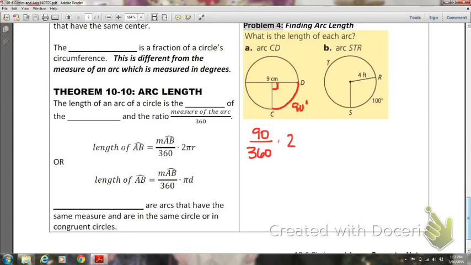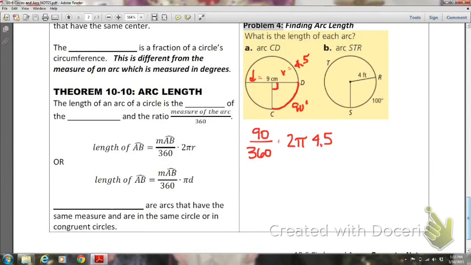So 2 times pi, and the radius of this circle is 4.5 because they give you the diameter. So you could have used pi times diameter or 2 pi r. We use 4.5 since I've got it up here.